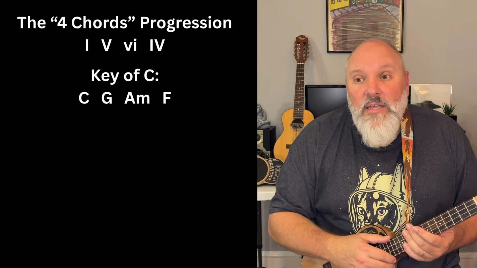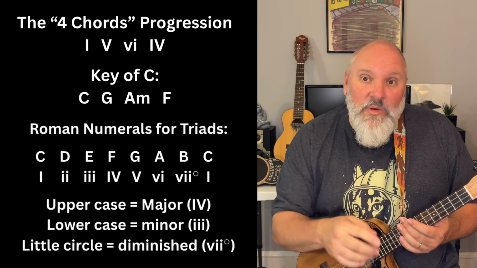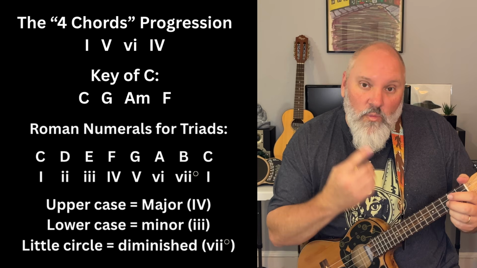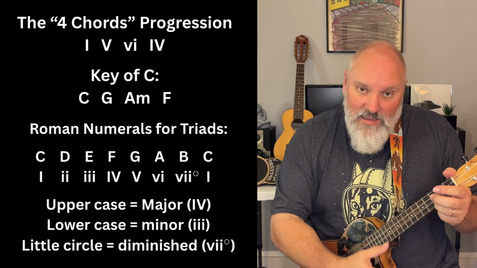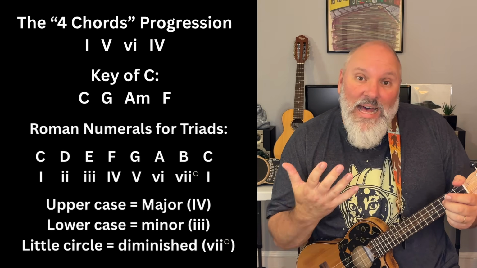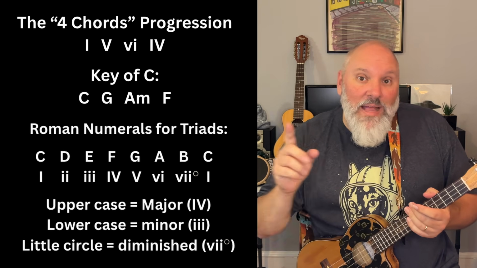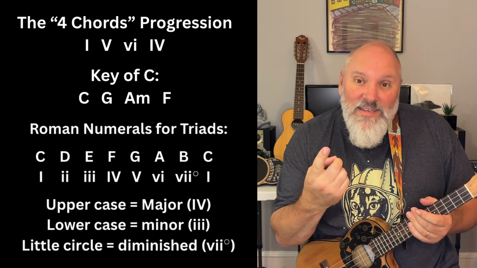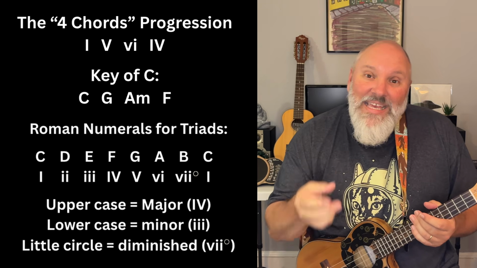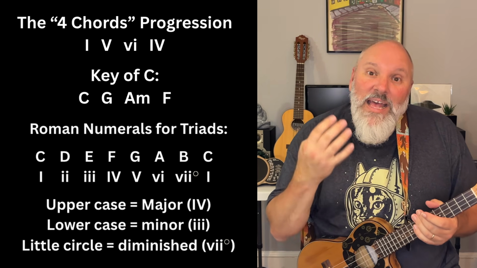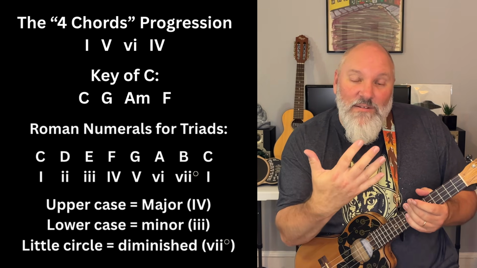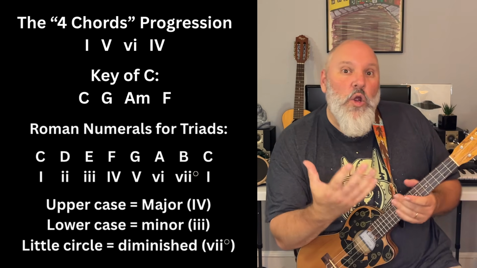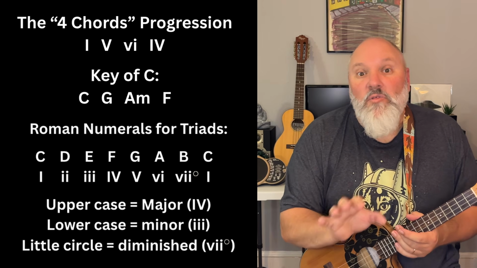If you take a look, the 1 chord, because we're in the key of C, C is our home base. So the 1 is going to be the C. The 5, if we go up the musical alphabet from C, so we have C being 1, D being 2, E being 3, F being 4, and G 5. So you just go right up the musical alphabet, and that's how you figure out what chords correspond to the Roman numerals.